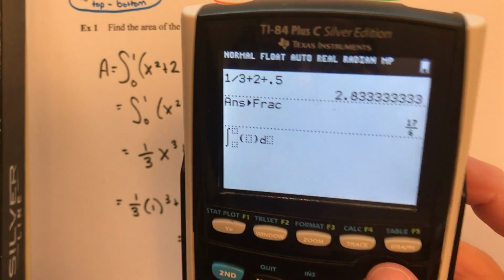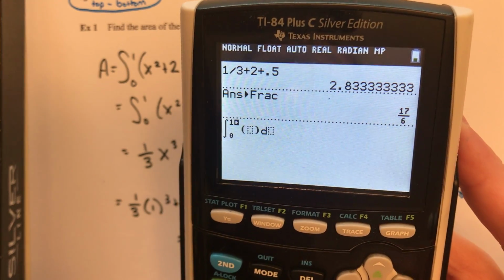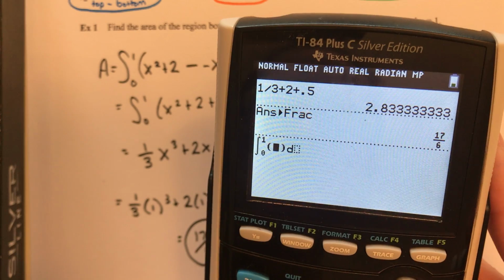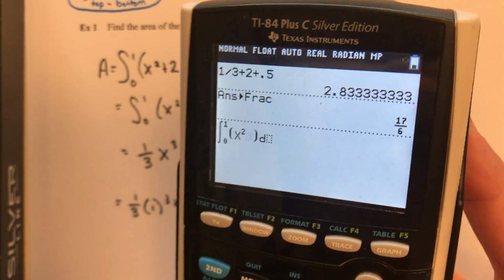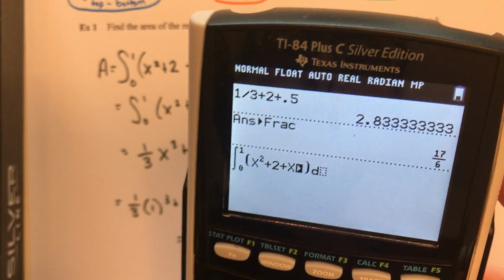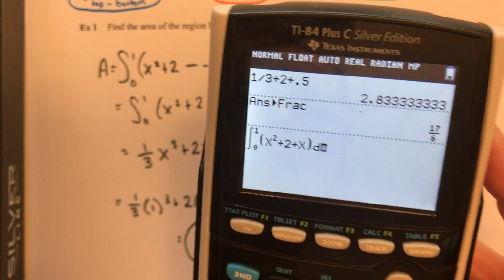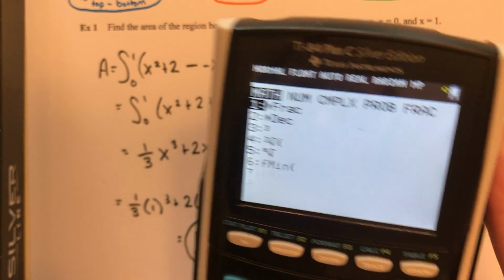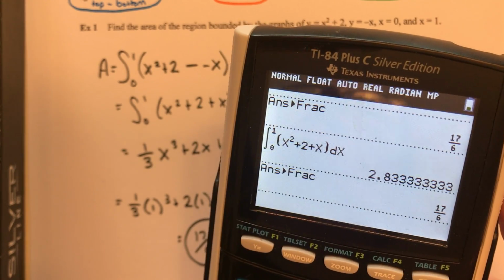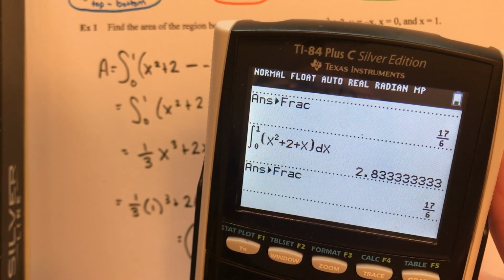So we've got a boundary of 0 to 1. And I'm going to plug in x squared plus 2 plus x, and then over here I'm going to label it with a dx. Press enter, and math enter, enter, to convert our decimal to a fraction. I get 17/6.